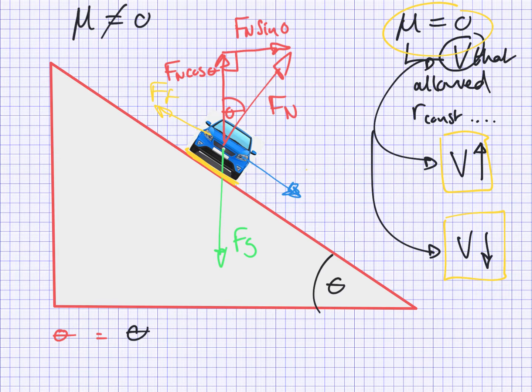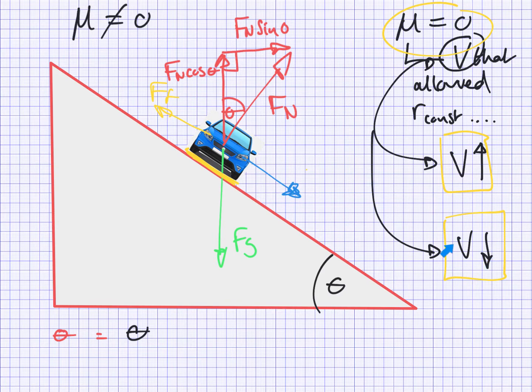Okay, so this is a very important physics concept to get nailed down right away, because that's going to affect how we do our FNet expressions. So let's go ahead and do it for this situation, where we have the speed of the car being lower than what it would have been at mu equals 0 to maintain that R constant.